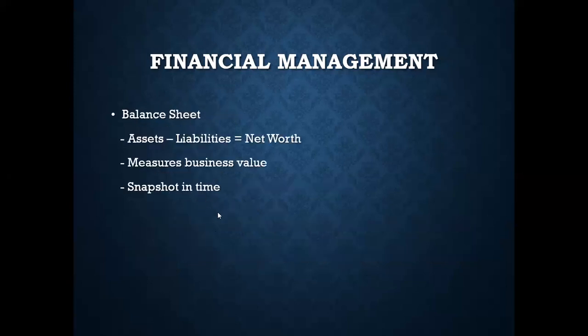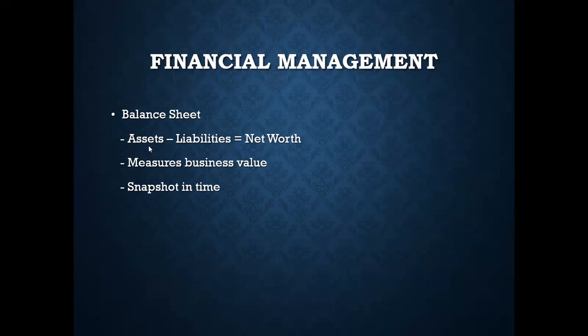Let's talk about a balance sheet. This is one of 3 types of financial instruments that we're going to talk about. A balance sheet is assets minus liabilities equals net worth. Assets are anything of value. It can be money, it can be a building that you own, it's anything that you can convert into cash.